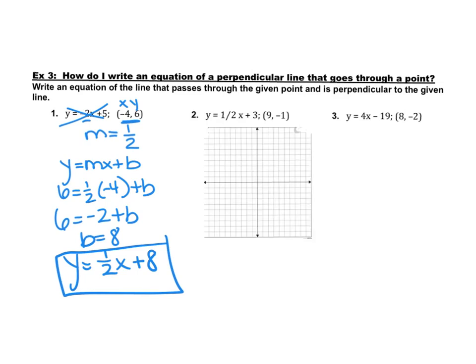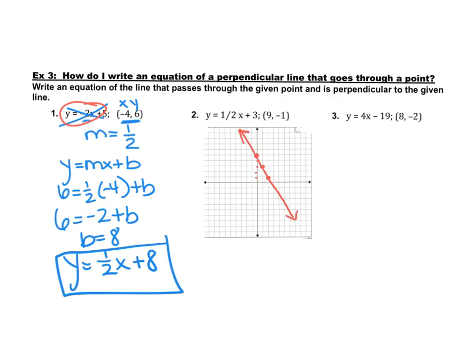Let's take a look at what this would look like on the graph. Our original equation was y is equal to -2x plus 5, so we'd be starting up at the 5. Then we have our -2 slope, so we're going down 2 over 1. All right, let's get that straight line like that.